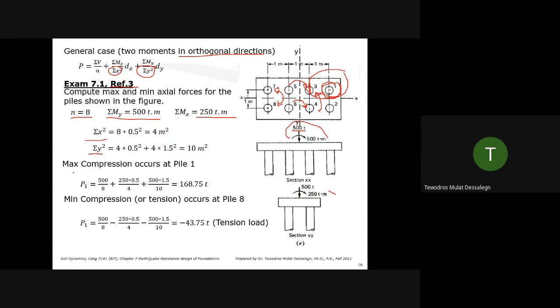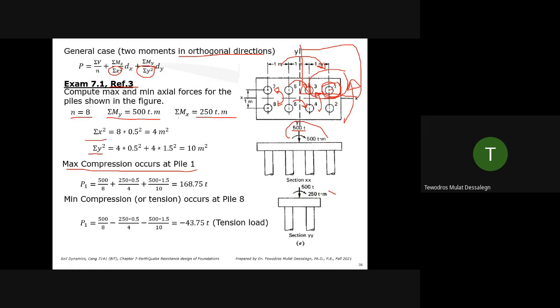So max compression occurs at pile 1, right? Because this is the moment we have about the y-axis and about the x-axis. So this quadrant is under compression, and because 1 is on the furthest side, 1 would be under maximum compression.